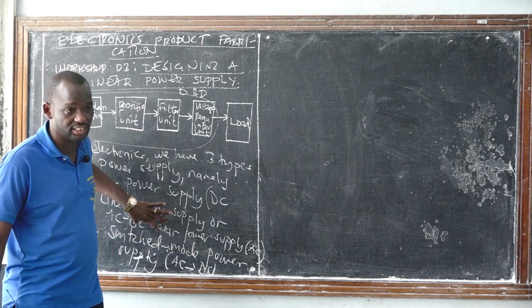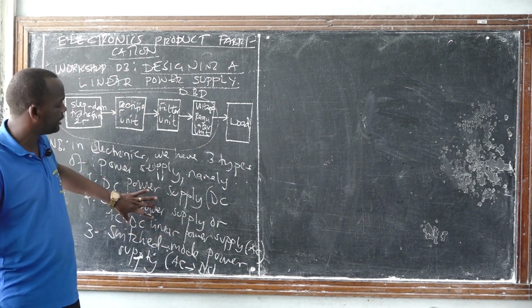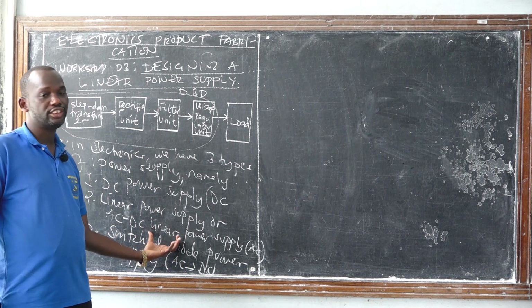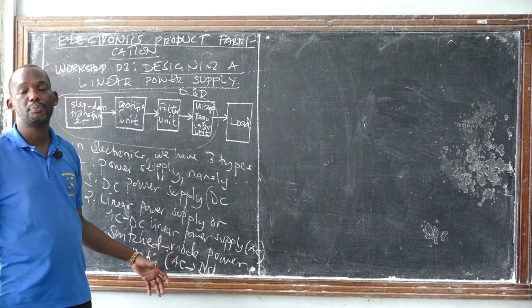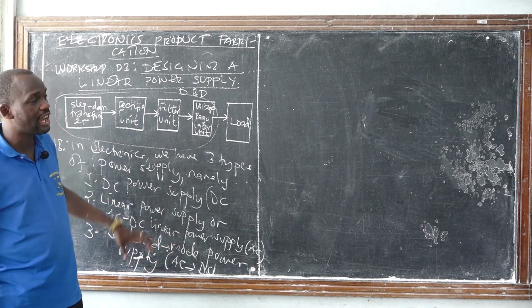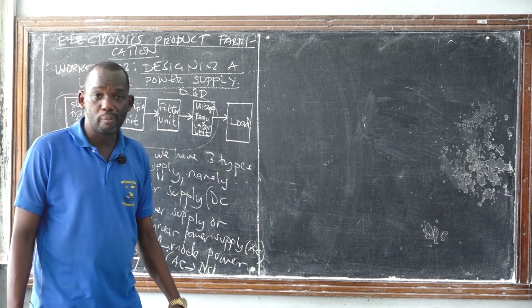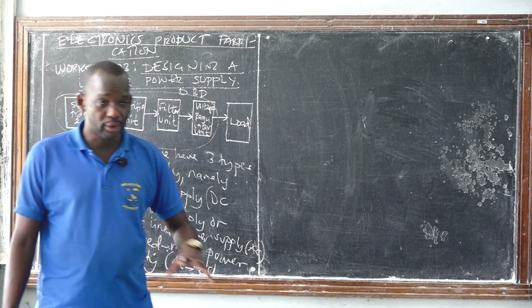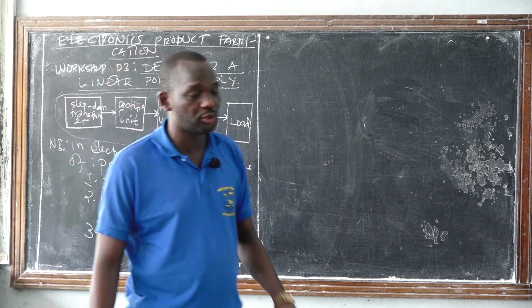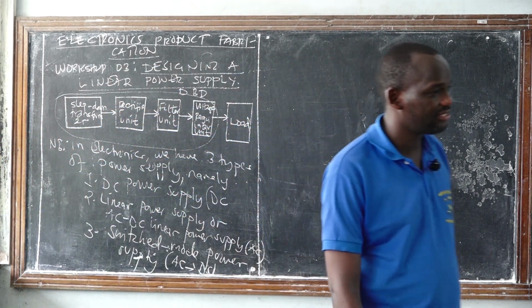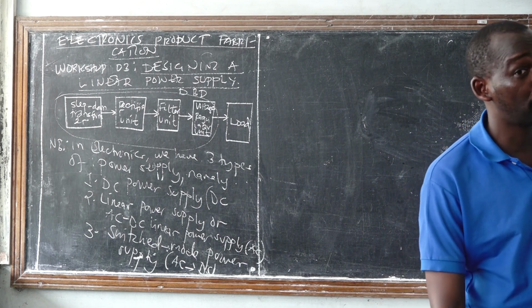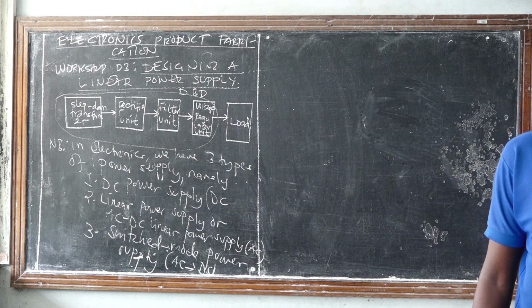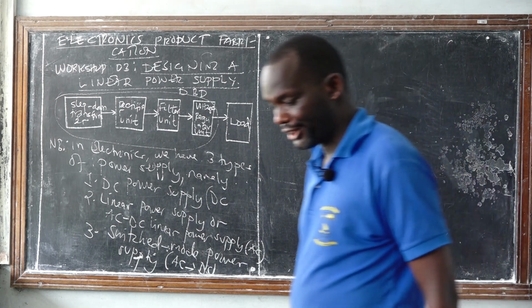You have to master this, and once you master it, then you have to learn the other after a period of time. Because don't think that learning it is easy. You might design your linear power supply and test it on a breadboard or a PCB board, and then it's not working, so you have to troubleshoot it. Are we together? Okay.